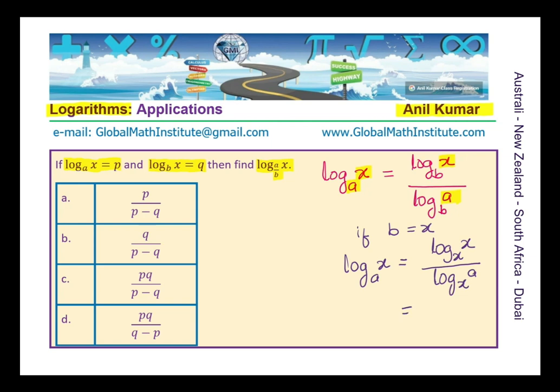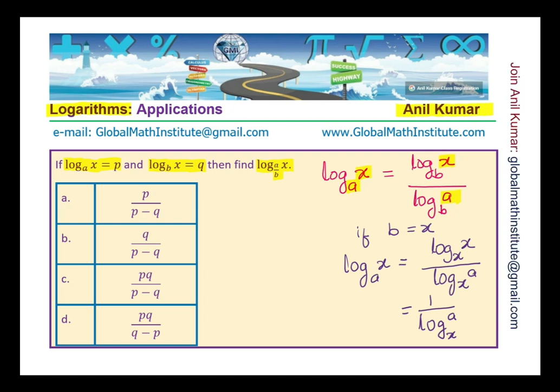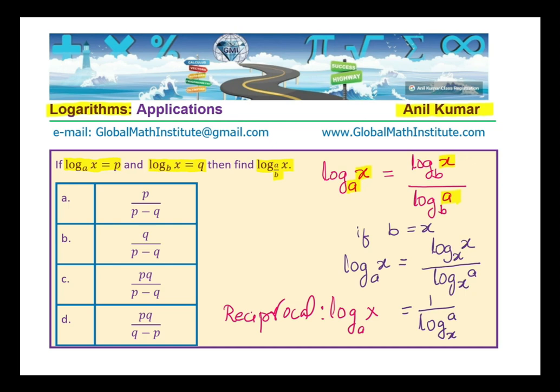Now you can see log of x of x is 1, so it is 1 over log of x of a. So you know what has happened here? We have literally written log to the base a of x as a reciprocal. You see this reciprocal? Now that is a very, very important application from this change of base formula.